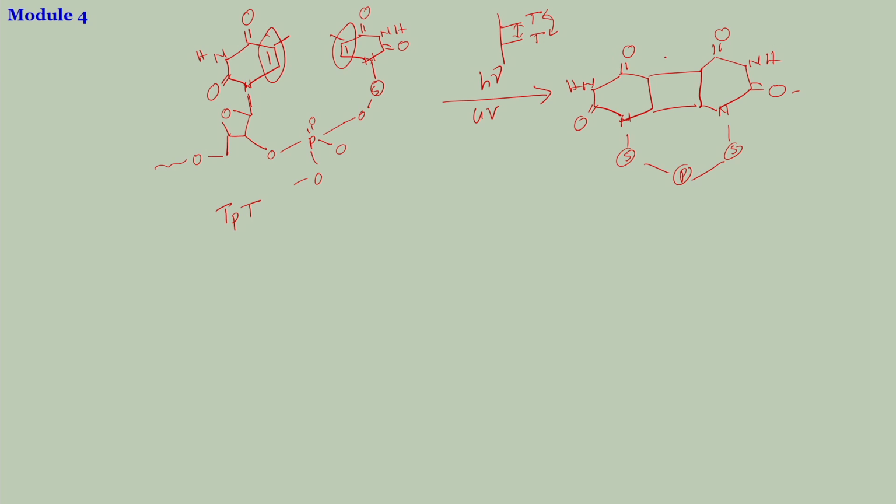And if you look at the stereochemistry, there can be two different kinds. One is, this is CH3 up the plane, one is CH3, one is H. H is up the plane also. For this, it is up the plane as well, the H is up the plane as well. And this is the major product that is formed. This is called cyclobutane pyrimidine dimer.